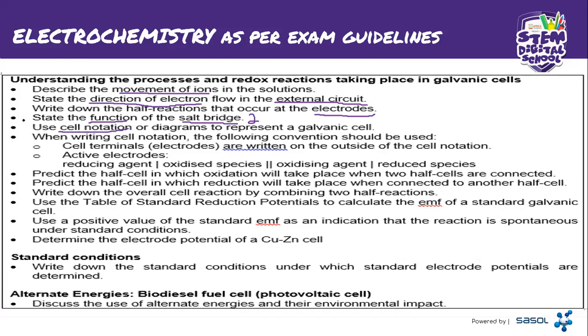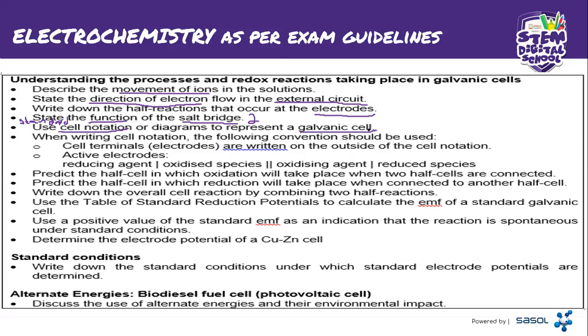Then we must be able again to use the cell notation altogether. And remember what I said about this cell notation. In full, we actually call it a standard cell notation. And this cell notation, or the standard cell notation, we use it to represent a galvanic cell. So sometimes we can give you a schematic diagram, which then shows you the structure of a galvanic cell.